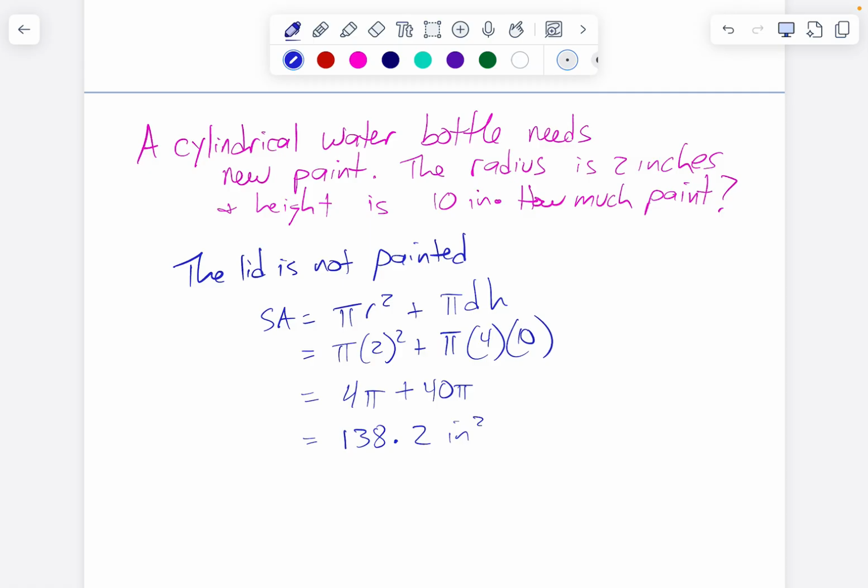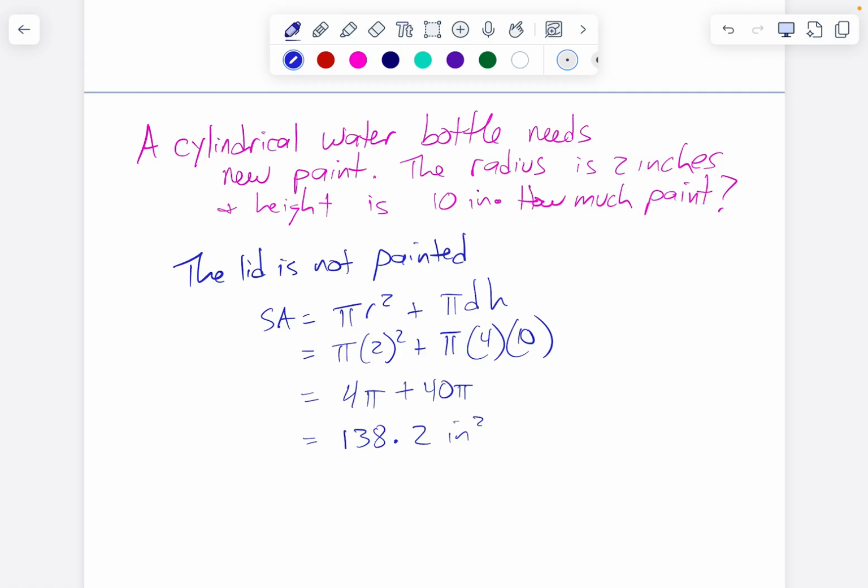Who would that matter to? Yeah, like these Owala bottles. Yours is Hydro Flask, right? Like those people who manufacture those water bottles have to pay for that paint. So maybe they want to hold the same volume with less surface area. So think about that whole idea of long, skinny versus short and squatty.